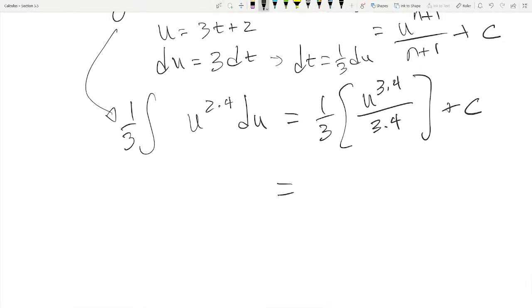Now, it depends on how much you want to go through this, but u^3.4, sorry, doing the previous problem. Okay, that is (3t + 2)^3.4 over 3 times 3.4. So I guess that's 10.2.